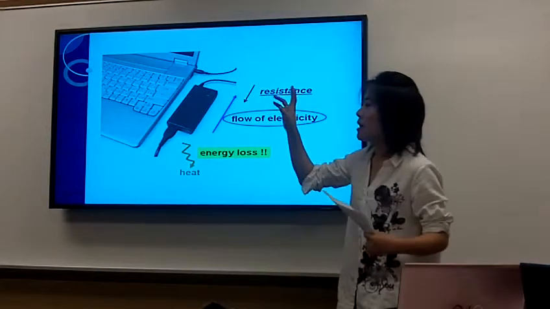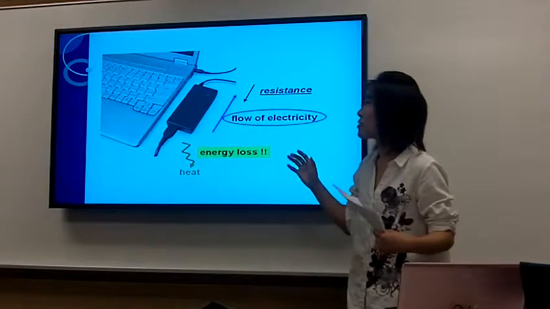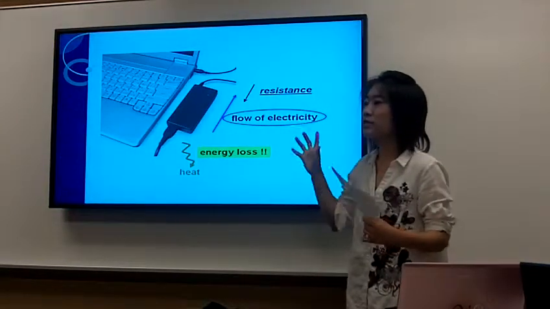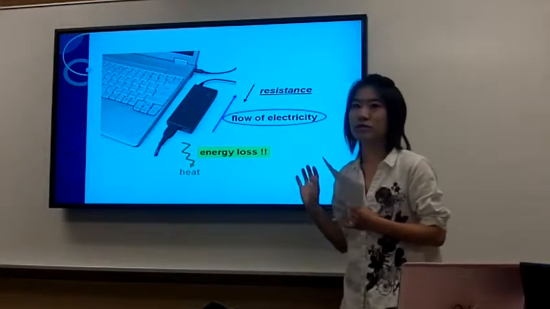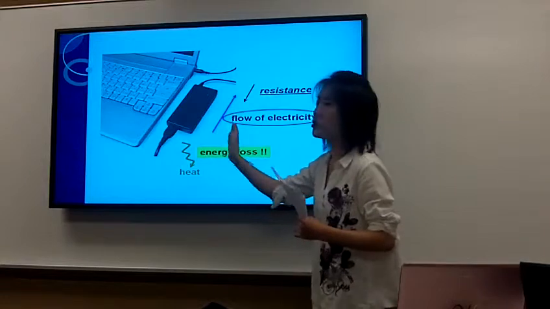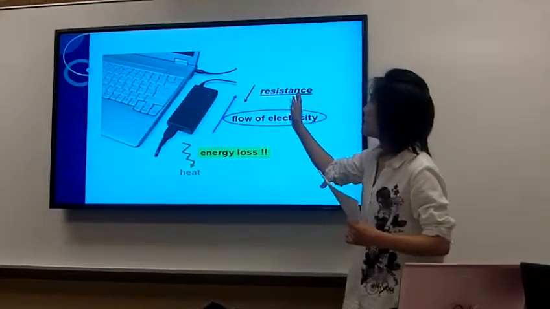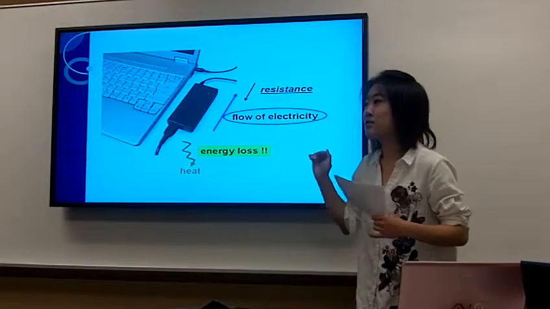And for the adapter, and for all the things in the world, there is some resistance. Resistance is something that blocks the electricity, so the electricity cannot go 100%, maybe just 20 or 30% can go. And the degree of the resistance depends on the things we use.